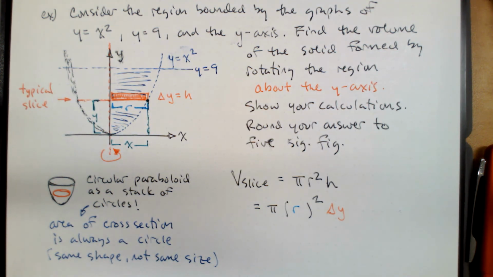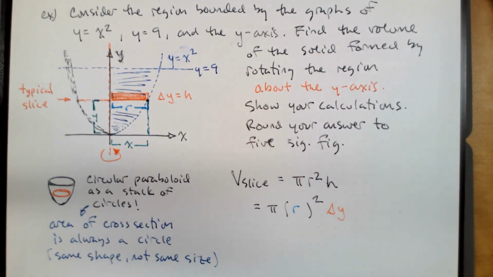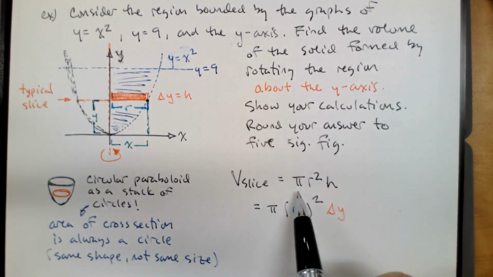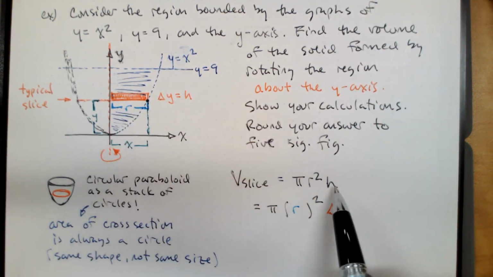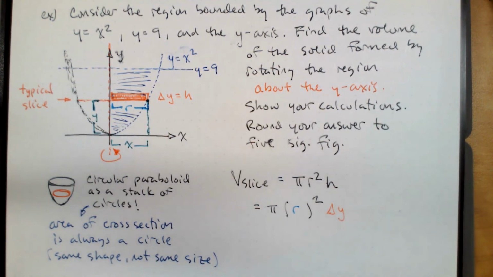Oh, yeah. So we've actually done a whole lot of work here just by writing pi r squared h and deciding where r is and deciding that the height is the delta variable. In our stack of circles, the height is usually going to be the variable. But it's still just area times height. Now I can see that a couple of these line up right away.